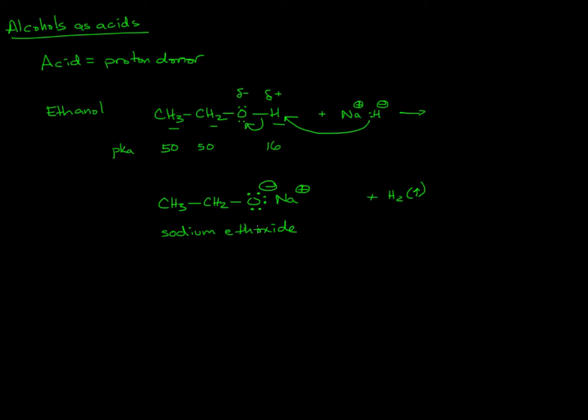So why do we form these ethoxides? So basically we're going to use this in a reaction to make an ether. So specifically, the Williamson ether synthesis.